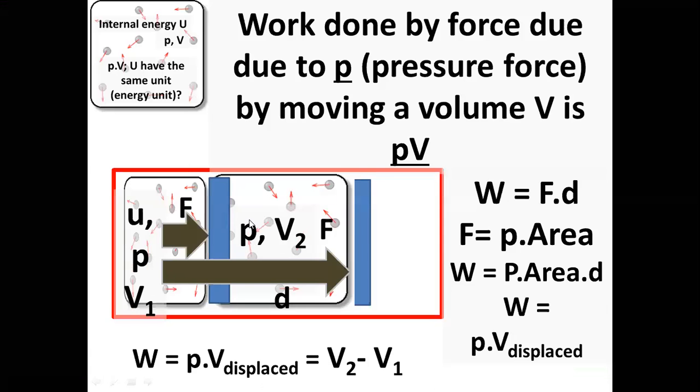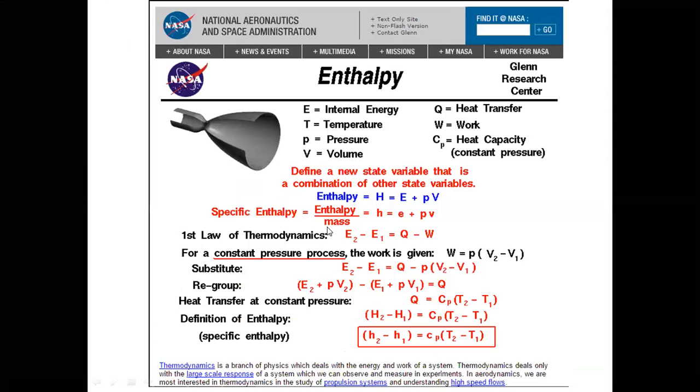If you go to the NASA one, you can see the same. E2 minus E1 is Q minus W. It means when you have energy in and when you have work done, the balance is the change of the internal energy.